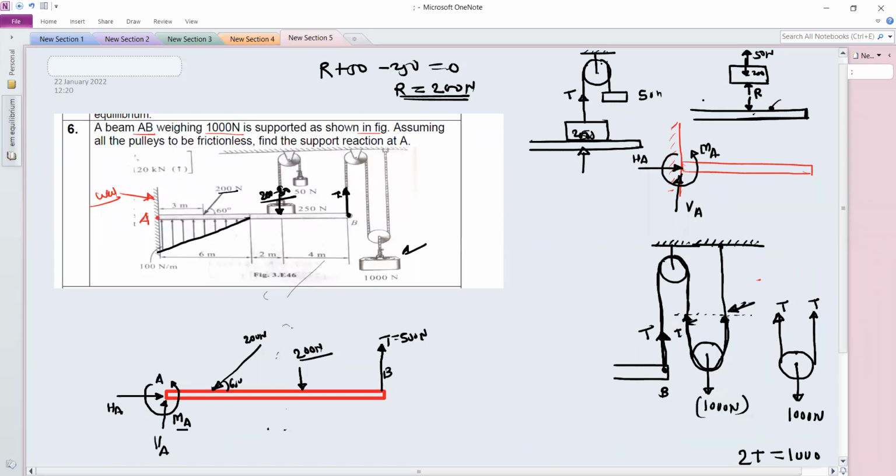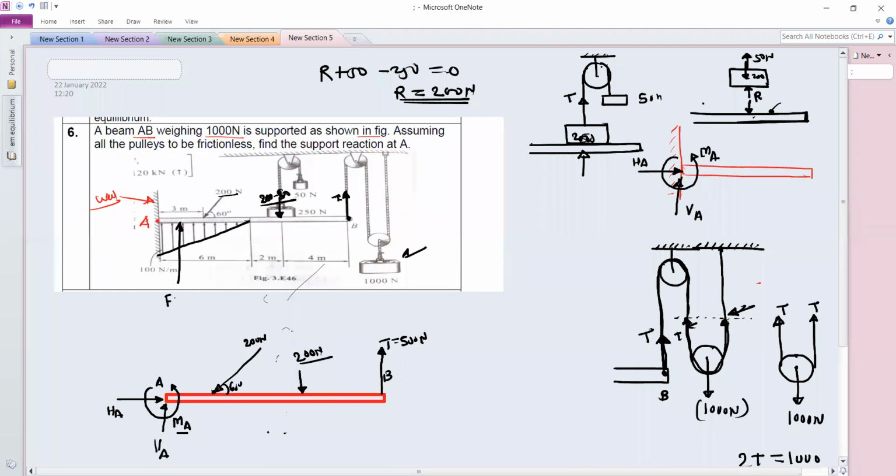You can convert this UVL into a point load like this.